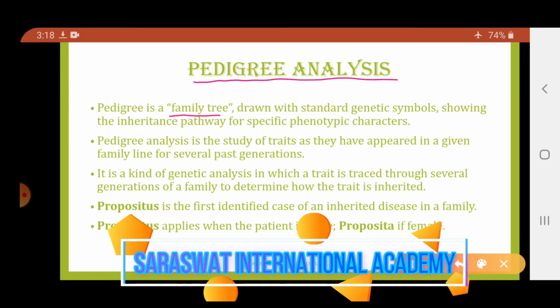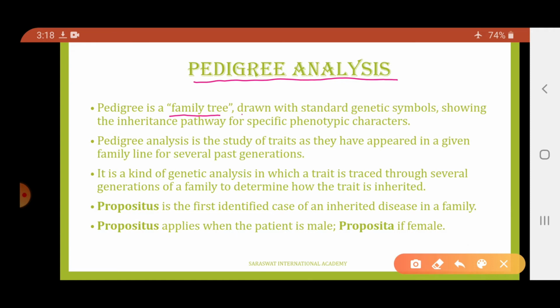Now here, what is the purpose of this family tree? A pedigree is a family tree which is drawn with standard genetic symbols showing the inheritance pathway of specific phenotypic characters. Which genetic symbols are used, we will see that.